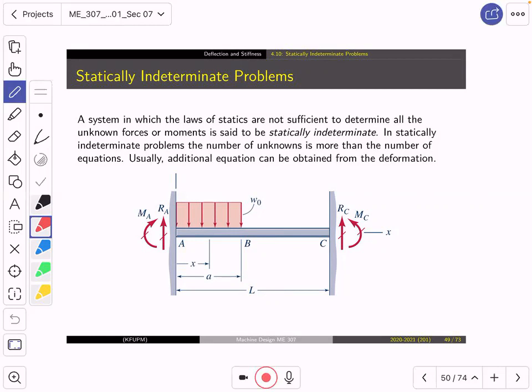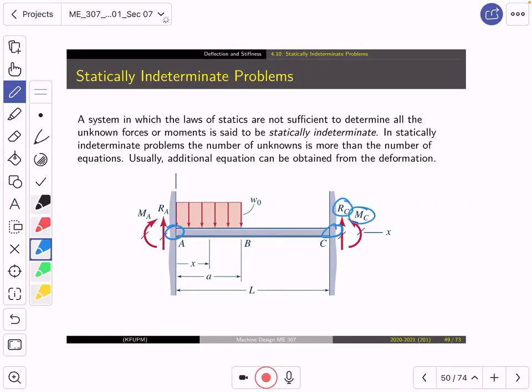If you look at it without doing too much work, this is a fixed end, and this is a fixed end. So it is a double cantilevered beam. When it is a double cantilevered beam, each boundary condition should be replaced with a reaction force and a reaction moment.